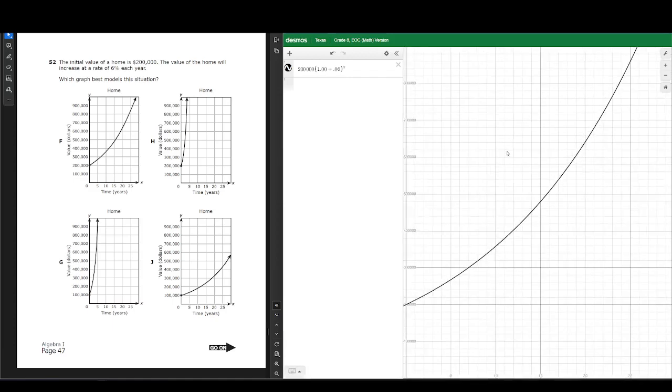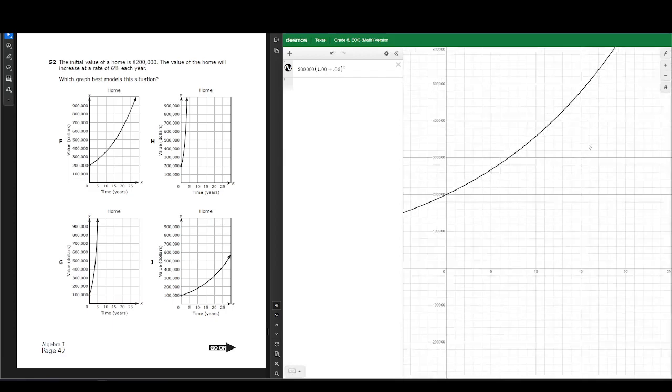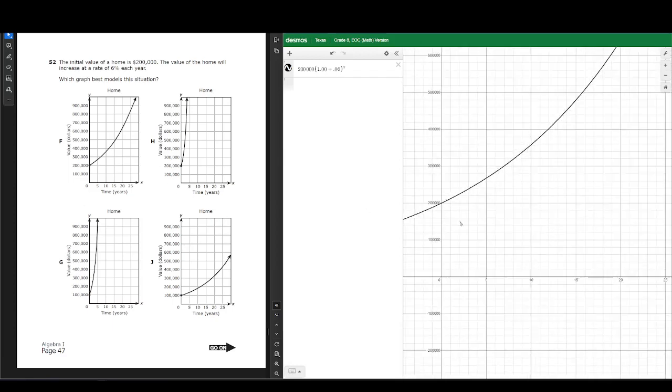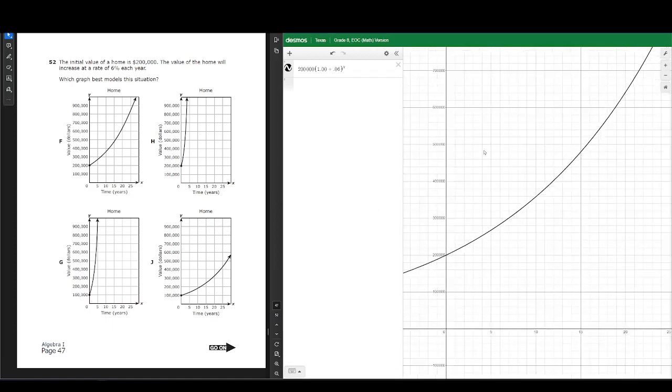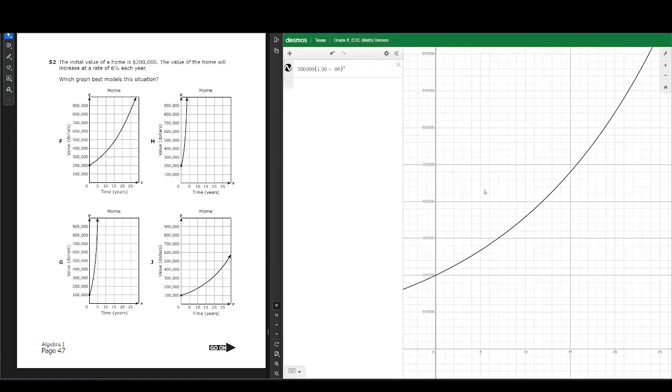So now this graph is going to look a lot more like what we're seeing over here because it's scaled the same. So they're hoping that if you do graph it like this, that you won't readjust the graph, and you'll see that it shoots up really, really fast. And you'll pick H because you saw it was growing super fast. But when we stretch our graph out to match this one, we can see it's actually growing much more slowly.